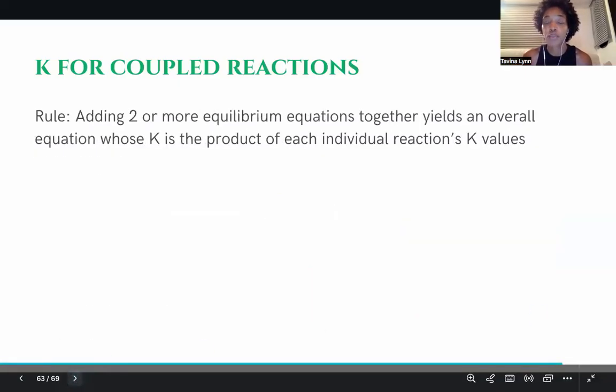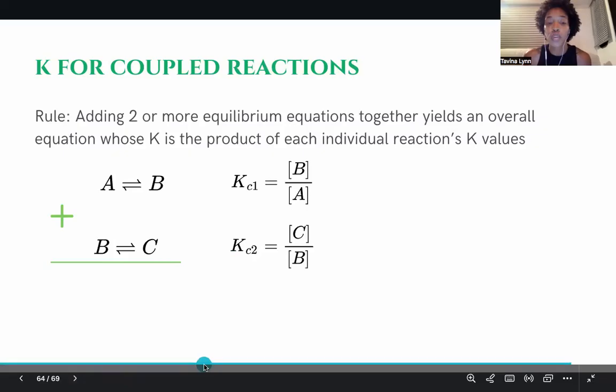Okay, so our final rule has to do with adding two or more equilibrium equations together. They will yield an overall equation whose equilibrium constant K will be the product of each individual reaction's K values.